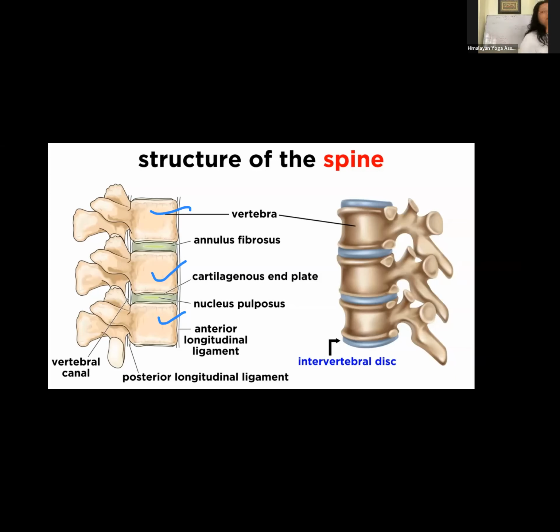Otherwise, they will tear away. So you see, the structure is like this. In between two vertebral bones, there is a cushioning provided. You can take a screenshot of this.